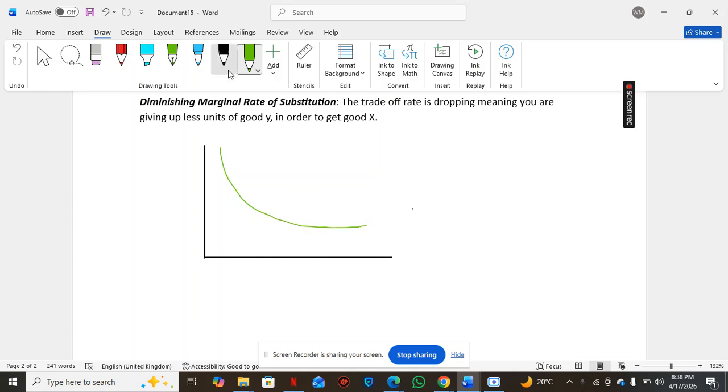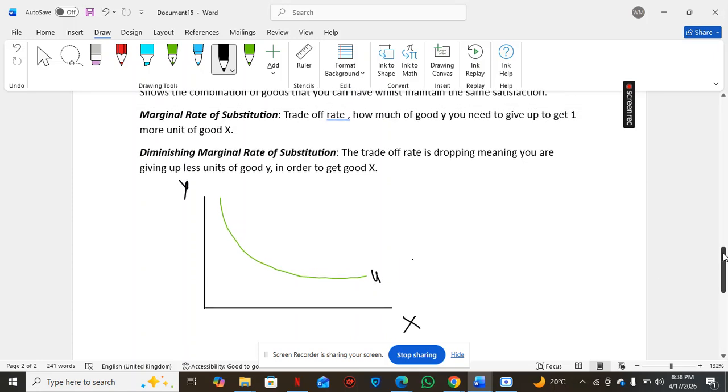Okay, looks like that. You have good y on the y-axis, you have good x on the x-axis. This indifference curve is just showing the combinations of good y and good x whilst you're maintaining the same utility, the same satisfaction. Okay.